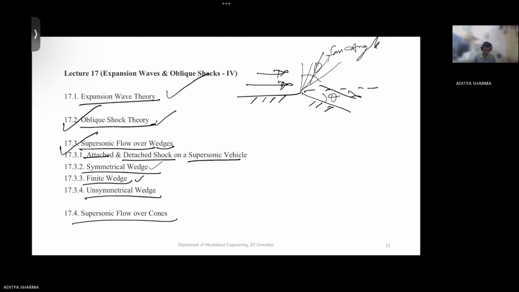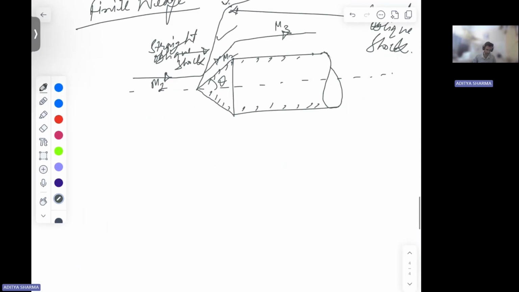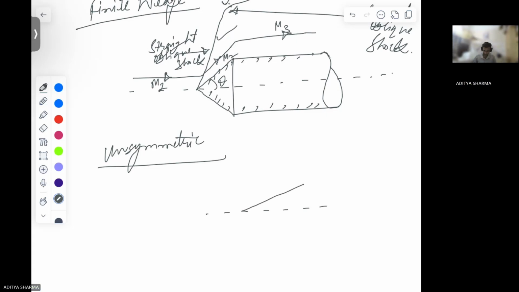Then you have unsymmetric wedge. So one point here is that unsymmetric wedge basically is when your theta one is not equal to theta two, then oblique shocks are going to be different.